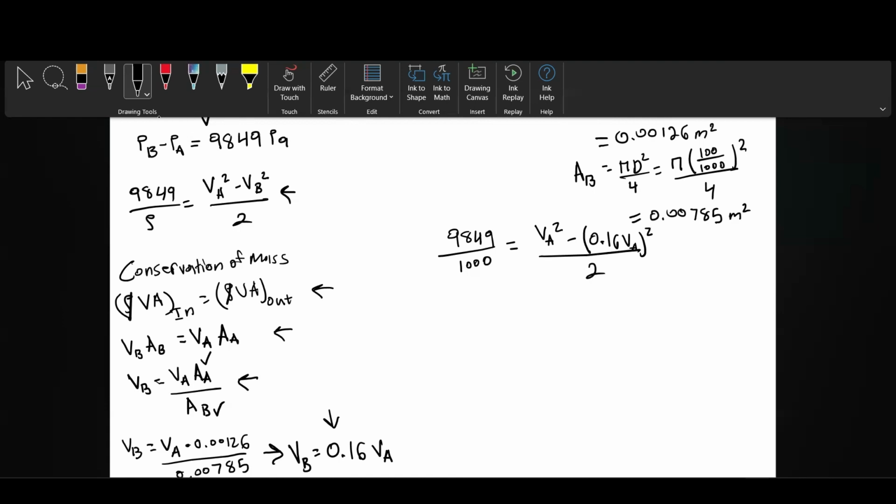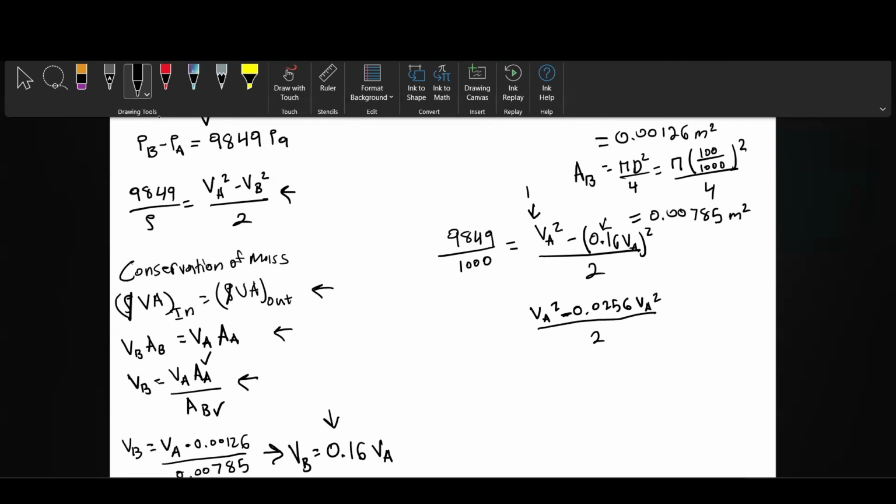And if you do this, you're going to get that this term here is equal to 0.0256. So you're going to do 1 minus 0.0256. So this is like our 1. So we're going to do VA squared minus 0.0256 VA squared over 2.